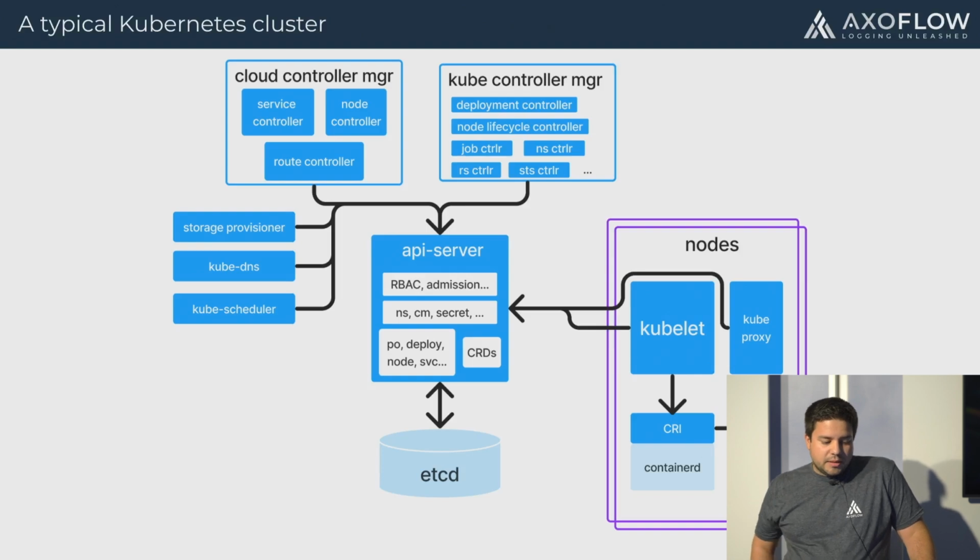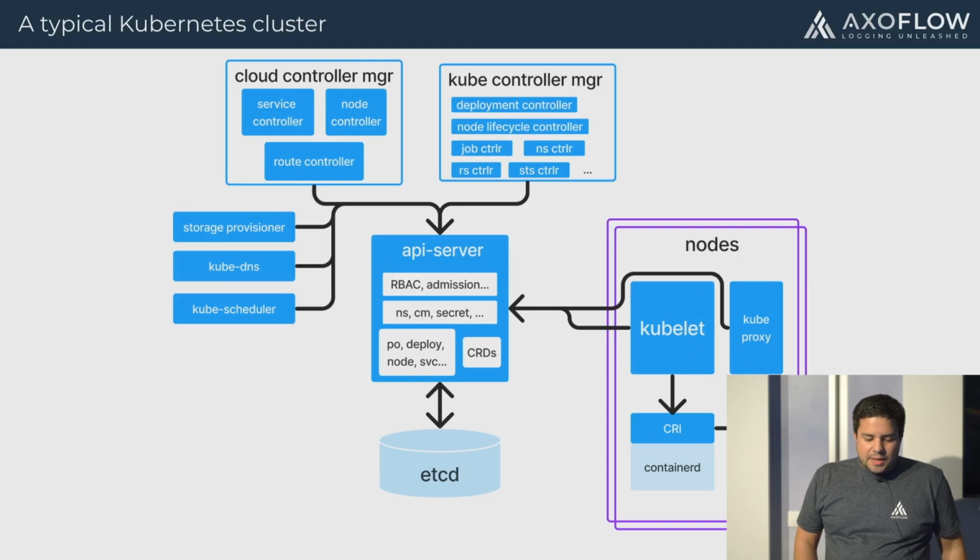And the API server itself takes care of basically the CRUD operations of Kubernetes resources, which can be either built-in resources like namespaces, config maps, secrets, pods, deployments, nodes, services, and such, or custom resource types that are defined by the user via CRDs or custom resource definitions.